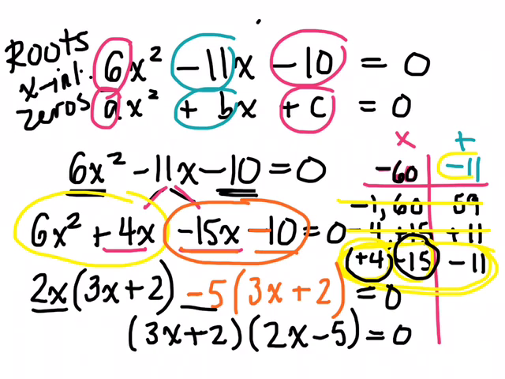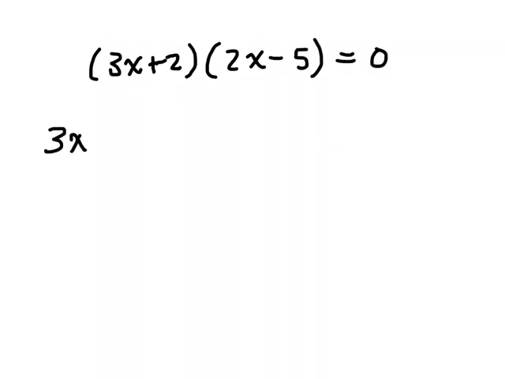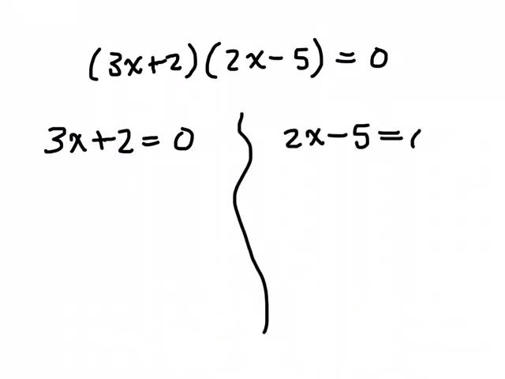So now we have it in factored form. I'm going to write this again. 3x plus 2 times 2x minus 5 equals 0. So I need to find my values of x. So I have 3x plus 2 equals 0, and I have 2x minus 5 equals 0. So 3x is equal to negative 2. How do I isolate x? Divide by 3.